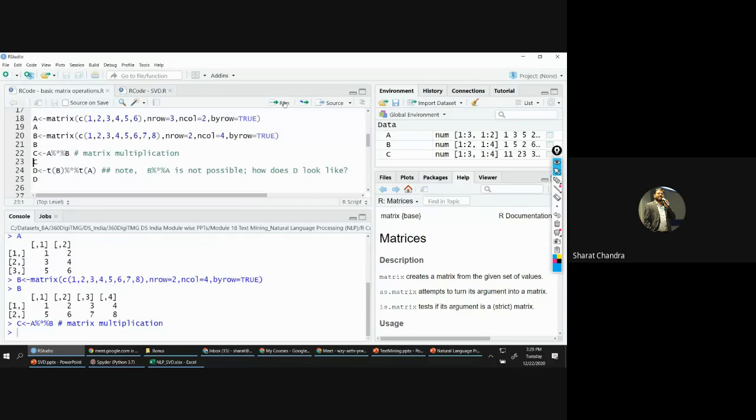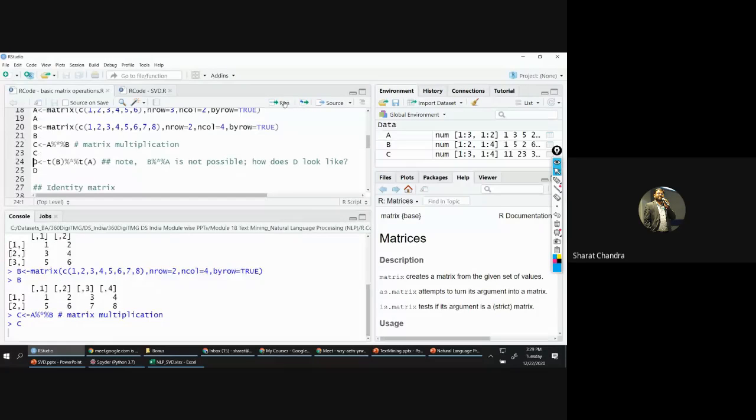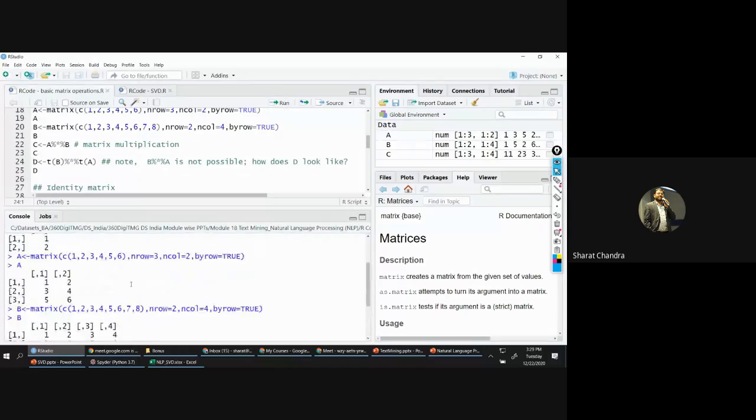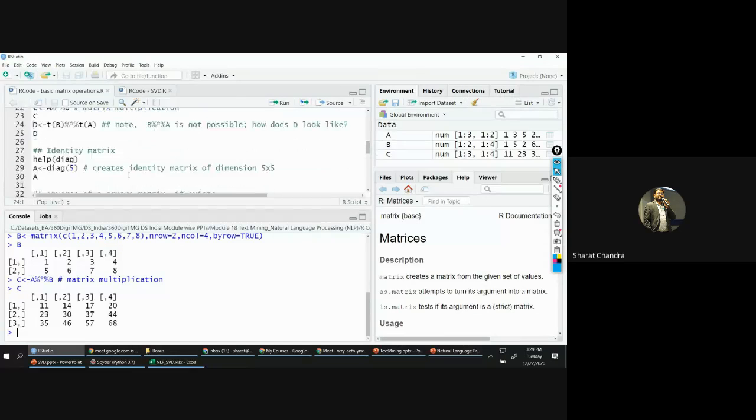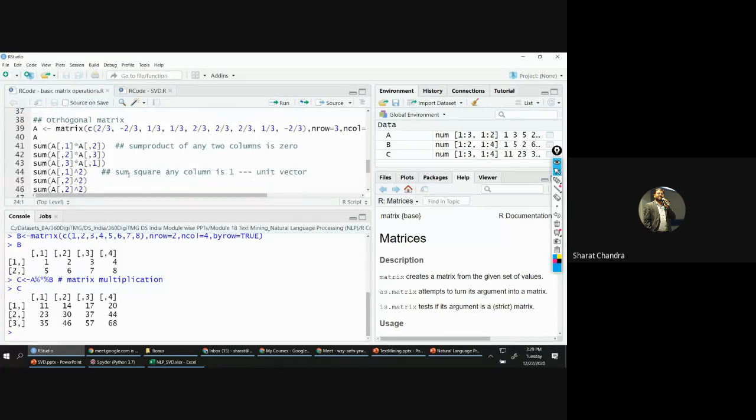This gives us a matrix with a dimension of 3 by 4, because this is 3 rows and this is 4 columns, we get a 3 by 4 dimension matrix. So that's basically how we can do matrix multiplication.